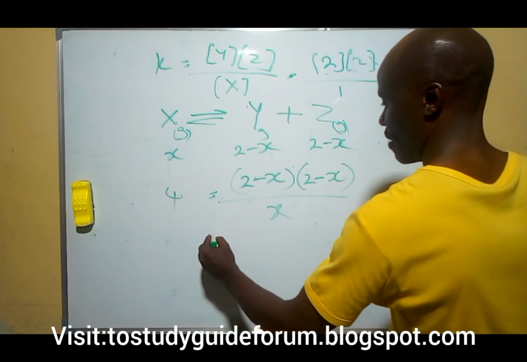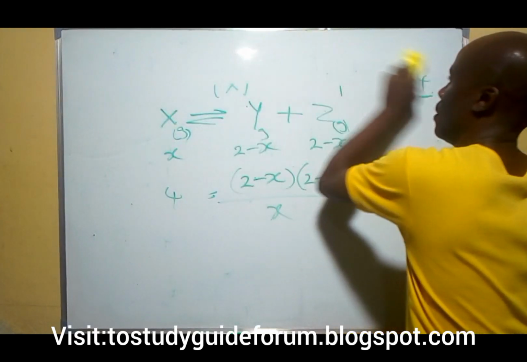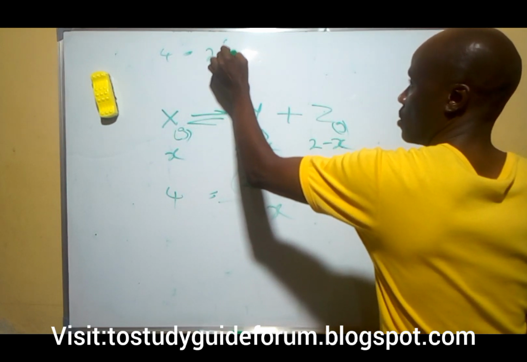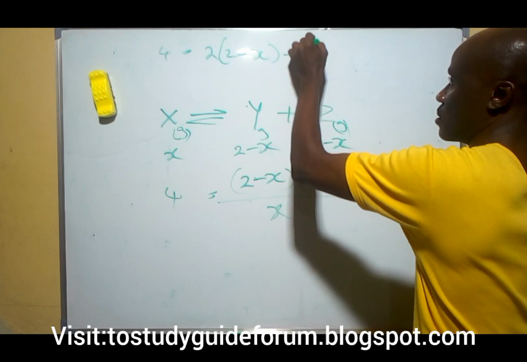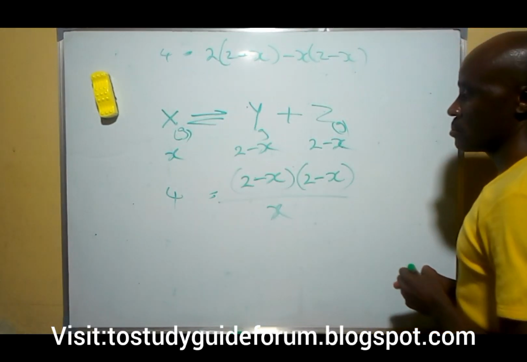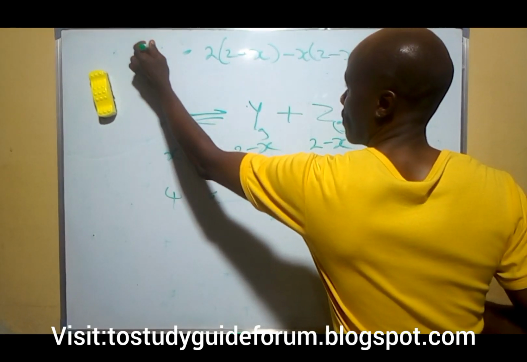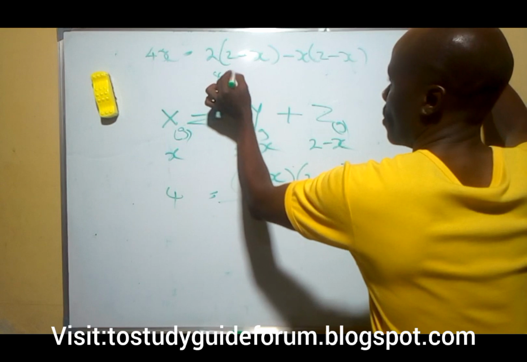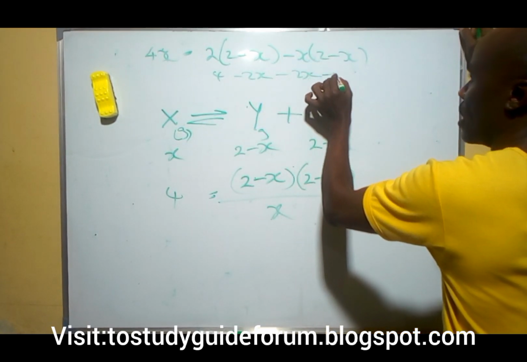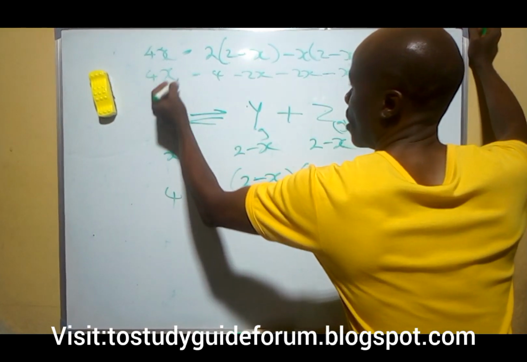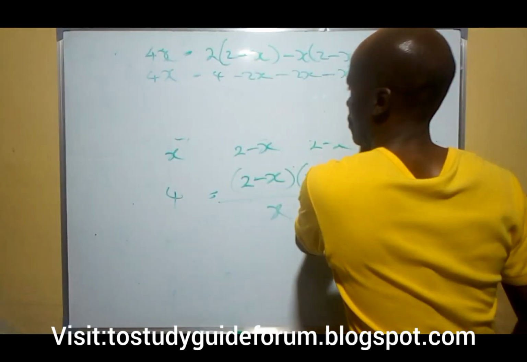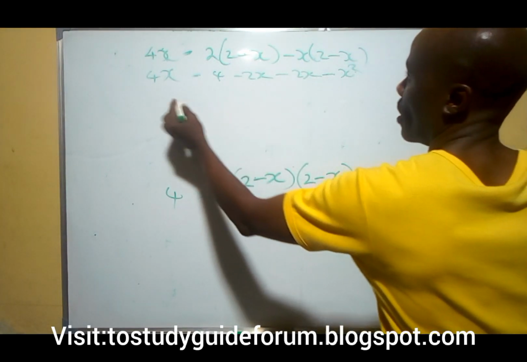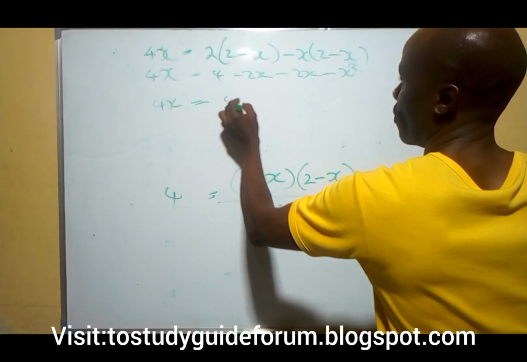We'll have 4x equal to (2 minus x)(2 minus x). Multiplying this out, we have 4x there. Then we collect like terms.